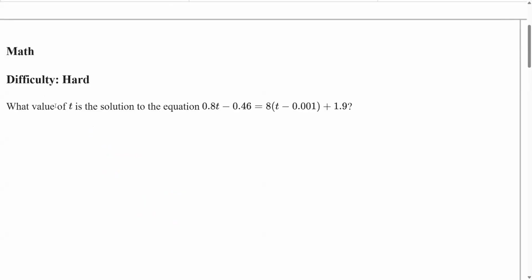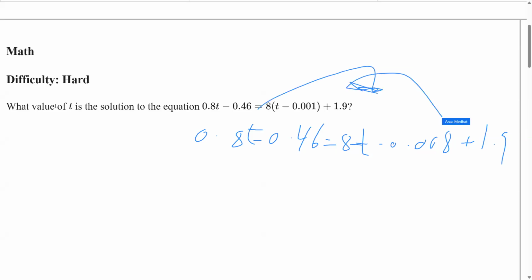What's the value of t? Let's solve it. Shift this here. Shift this here.